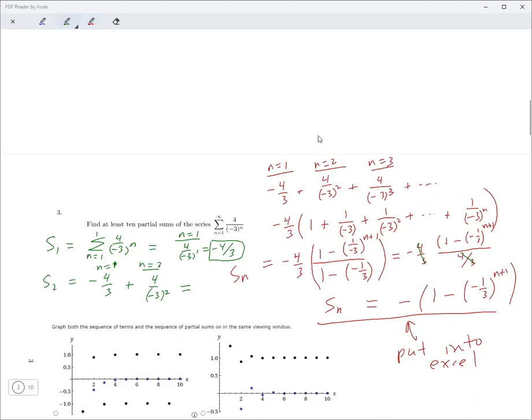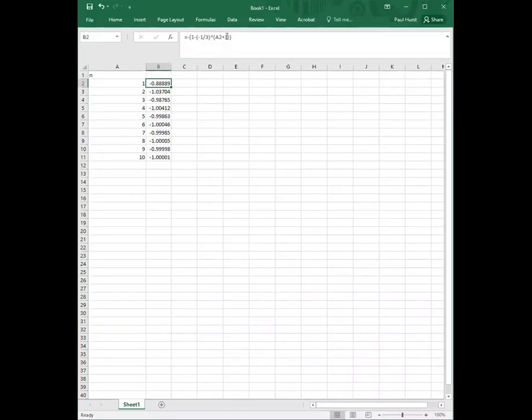So this should be n minus 1 right here, which means that that's going to be just n. So I messed up that way. This should just be an n right there. I'm going to go back to the Excel document, and it should just be raised to the A2 instead of A2 plus 1.